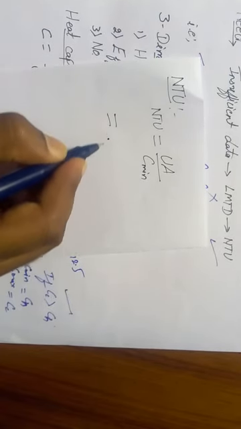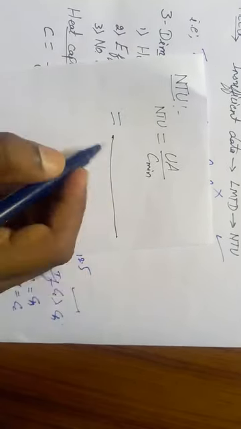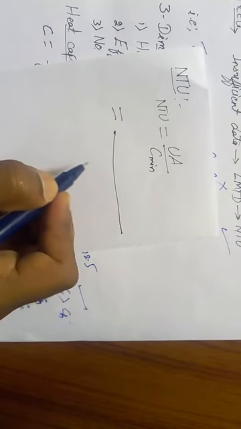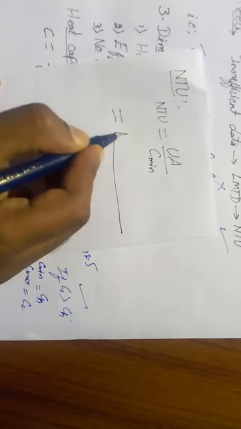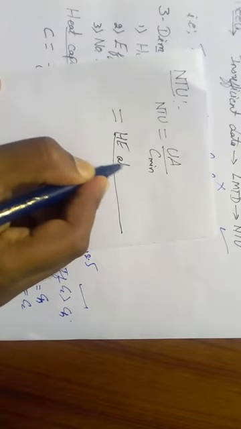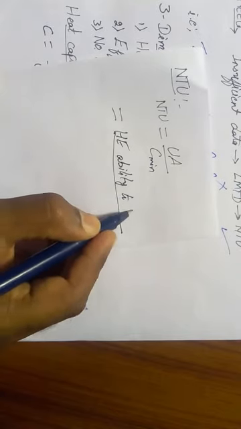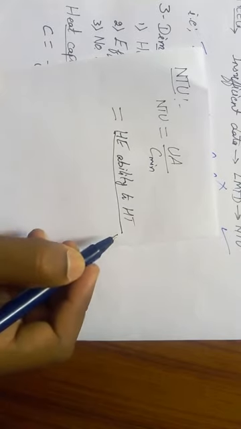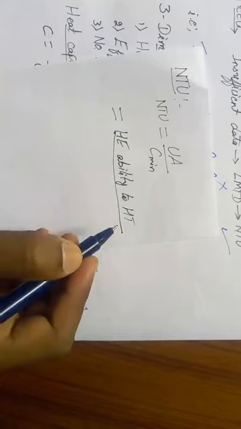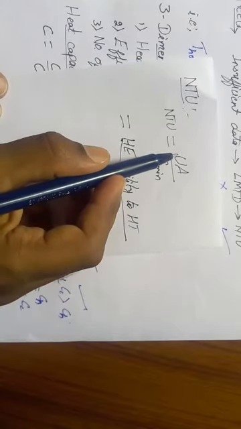What is this U into A? This is the ability of the heat exchanger to transfer heat. Heat exchanger's ability is U into A.